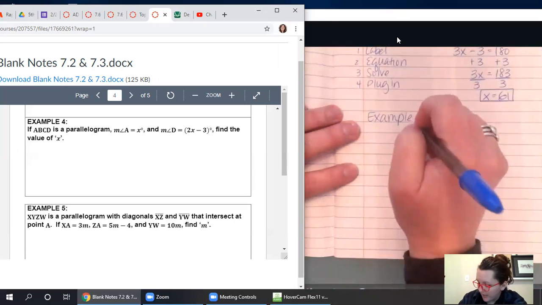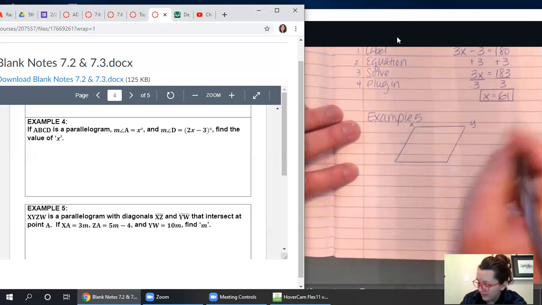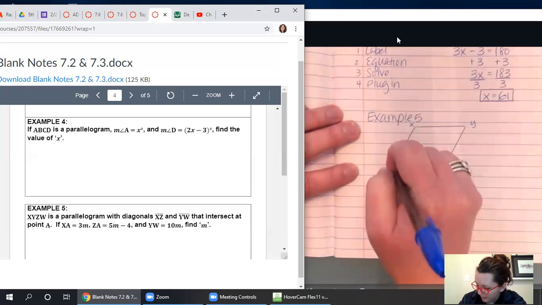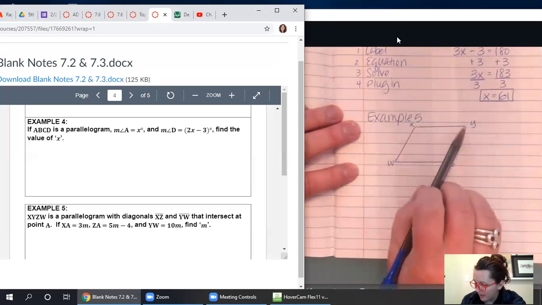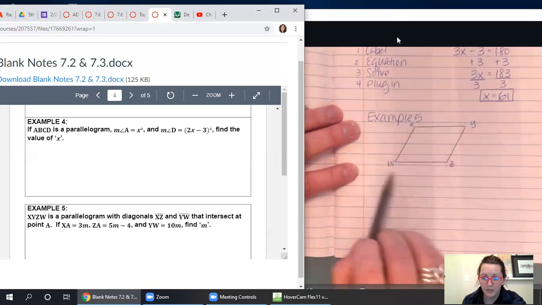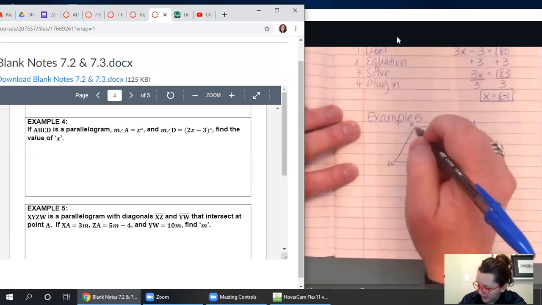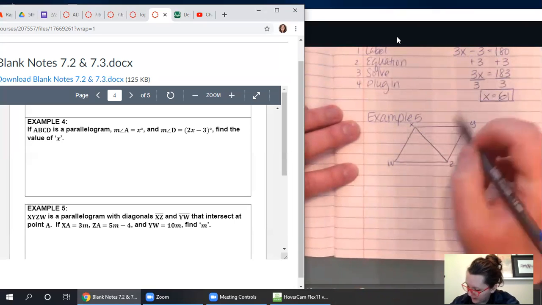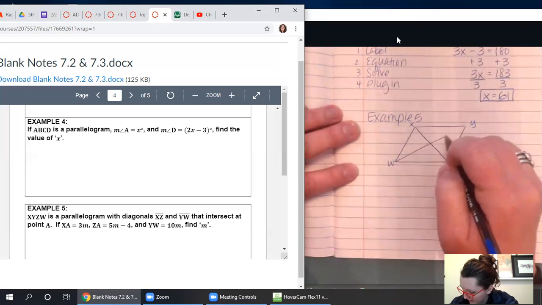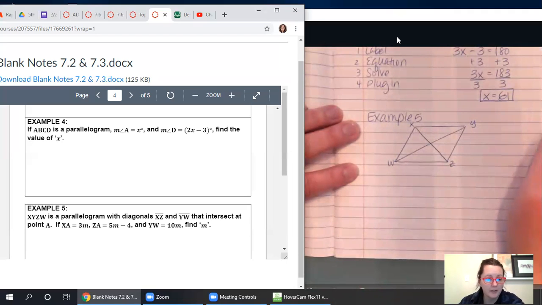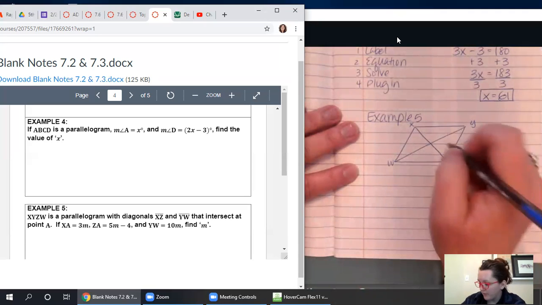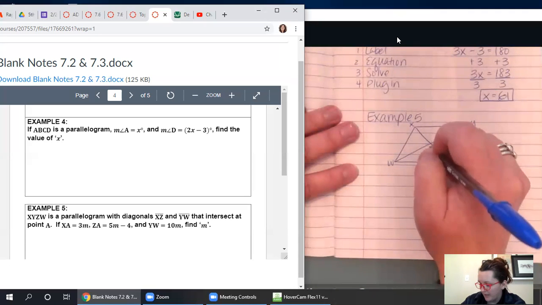Our parallelogram X, Y, Z, W. Notice that I'm labeling in a clockwise rotation, okay? So we have our diagonals. I'm going to just go ahead and connect our opposite angles here to create diagonals. XZ, YW, they intersect at A. So I'm going to put A right here.